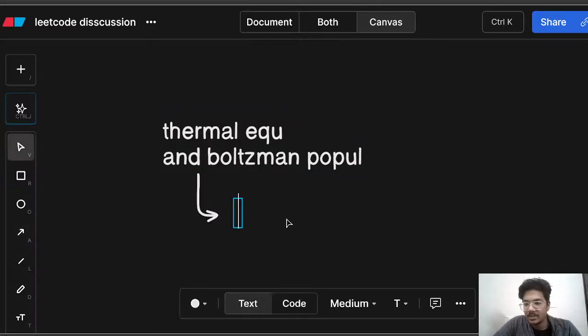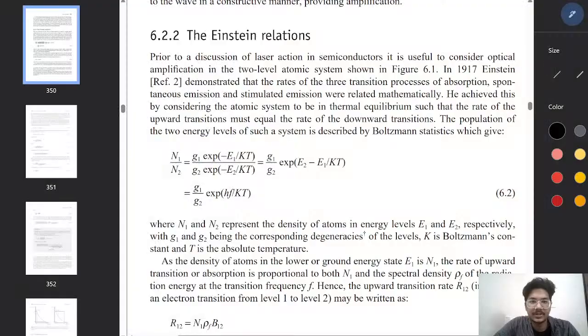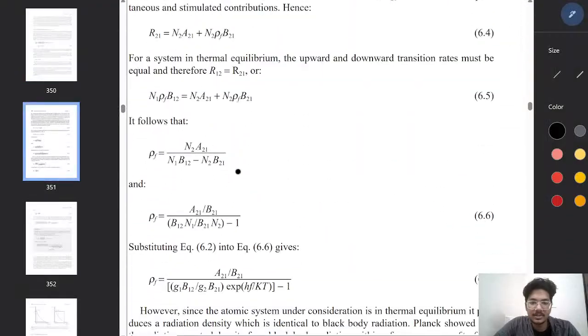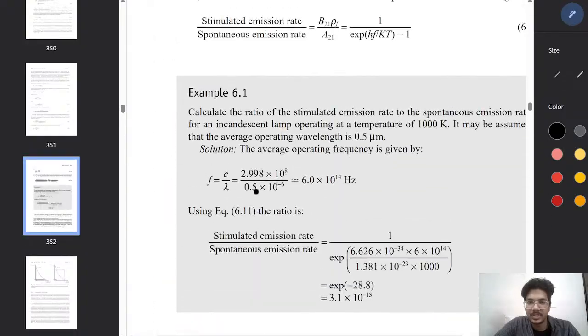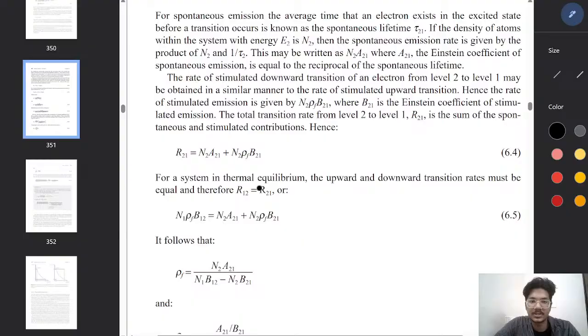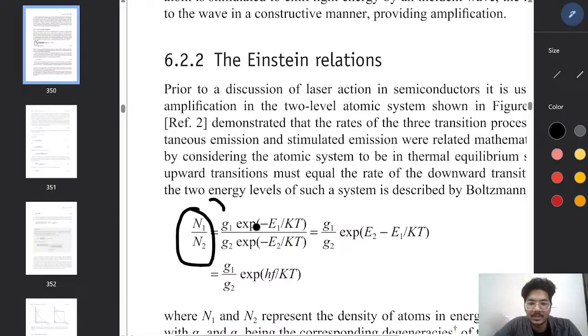At thermal equilibrium, the population of the energy levels follows Boltzmann statistics, in which N2 by N1 is equal to G2 by G1 times the exponential of minus hf by kT.